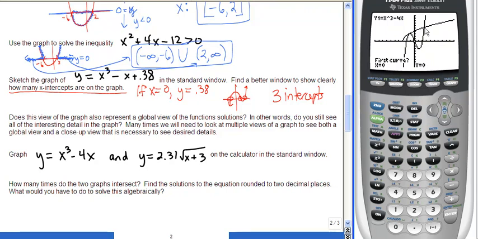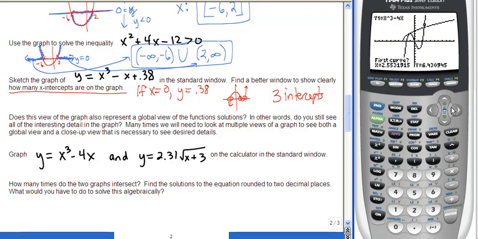And let's go ahead and find this intersection point on the right hand side, the one that's a little bit more obvious. So what I want to do is move my cursor to the right until I get that cursor as close as I can to the intersection point. And you could either be here or here, it doesn't really matter.